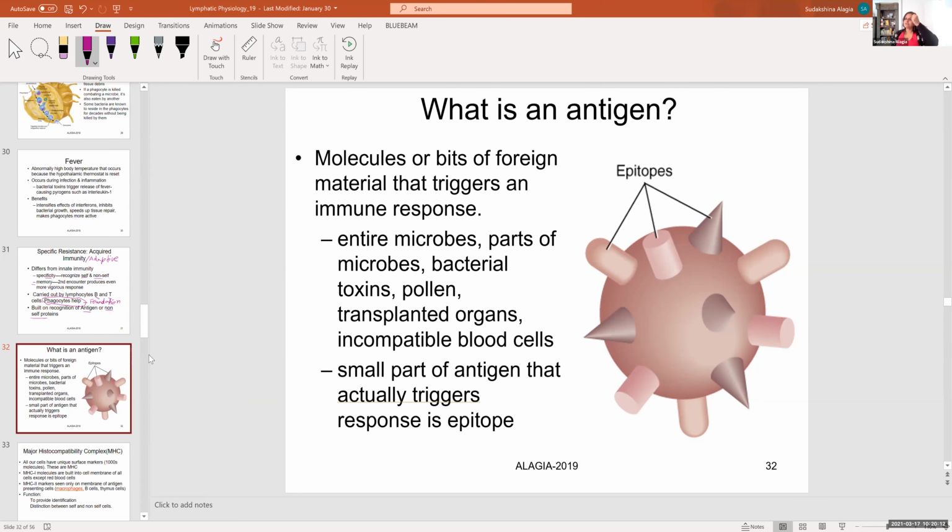So anything that can trigger an immune response in your body is considered an antigen. For most of us, that antigen is a protein, part of a viral body or part of a bacterial body. For most of us, this is what an antigen is.